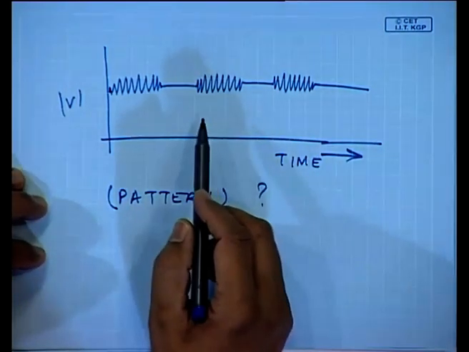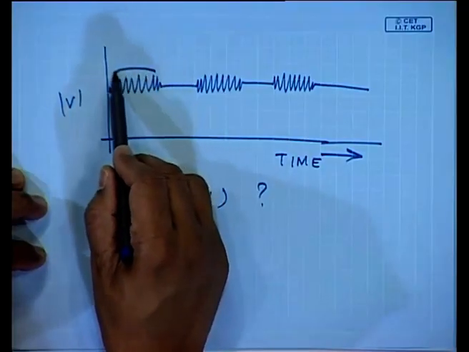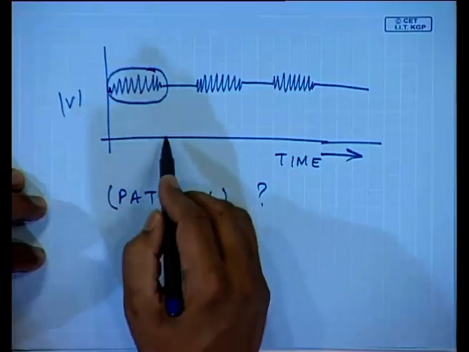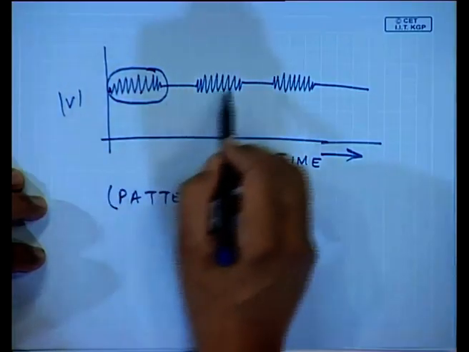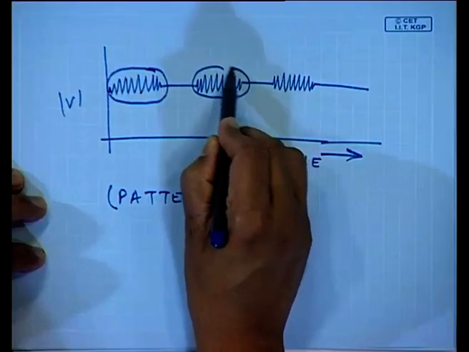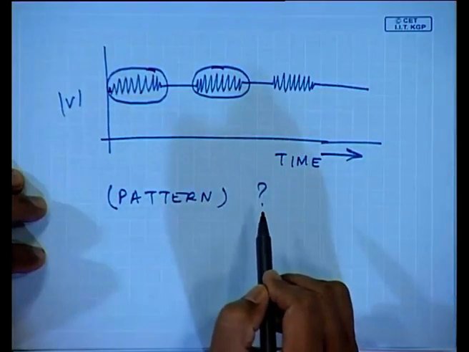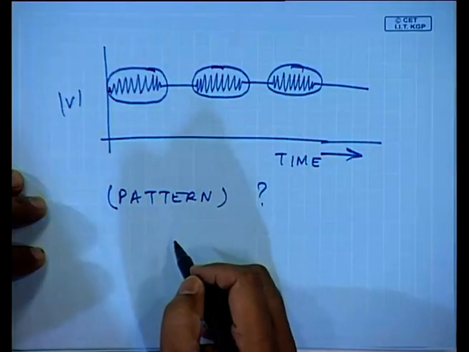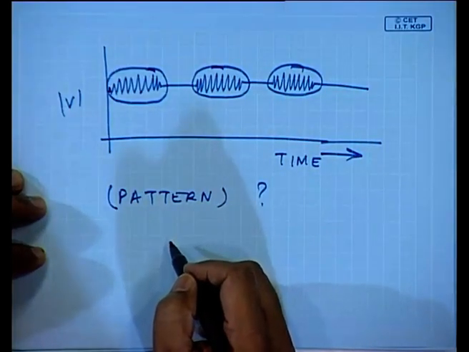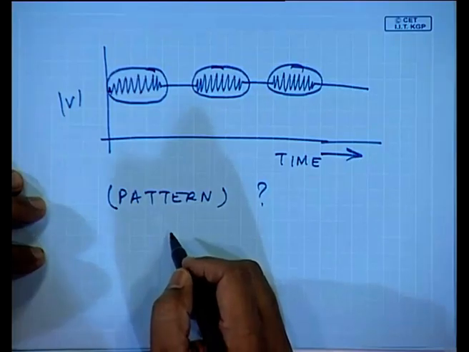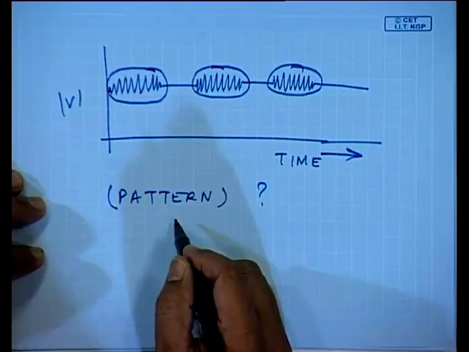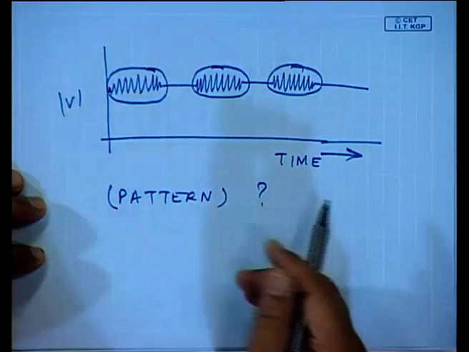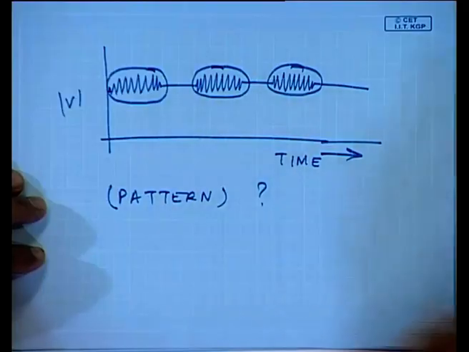You will grossly try to understand that the average value of the signal in one block of time is almost the same as in this block of time, and almost the same as in the next block of time. So, such a signal is known as a stationary signal. That means the average or mean value of the signal repeats itself over a block of time or a period of time, and that is the stationary signal.